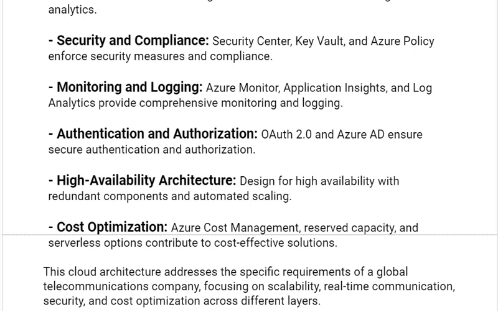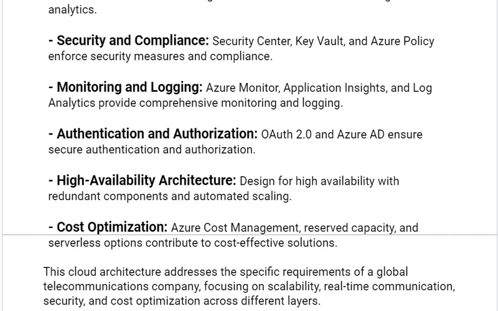Our next reasoning is monitoring and logging. Azure Monitor, Application Insights, and Log Analytics provide comprehensive monitoring and logging. Next reasoning is authentication and authorization. OAuth 2.0 and Azure AD ensure secure authentication and authorization.